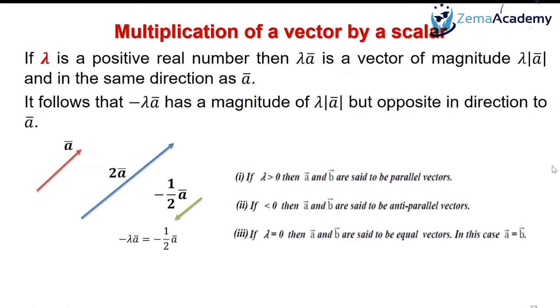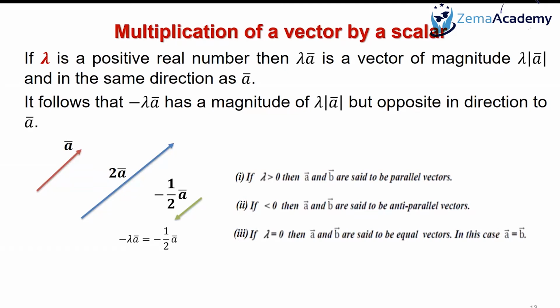Now, a little bit about multiplication of a vector. When you have a vector and you want to multiply it by a scalar quantity, or a scalar number, how do you do it? Let's say that scalar value is lambda. If lambda is positive, then multiplying lambda with vector A gives a vector of magnitude lambda multiplied by the absolute value of A, in the same direction as A, which is already defined to you.